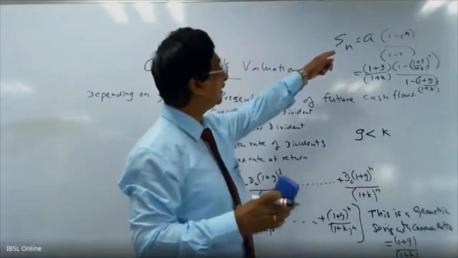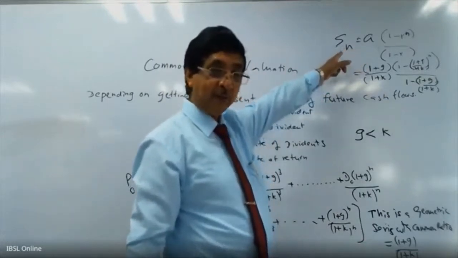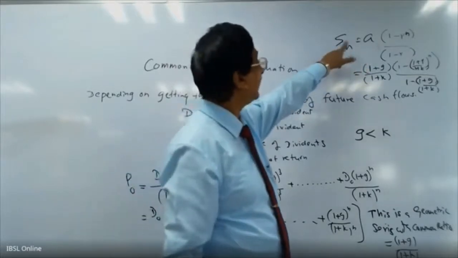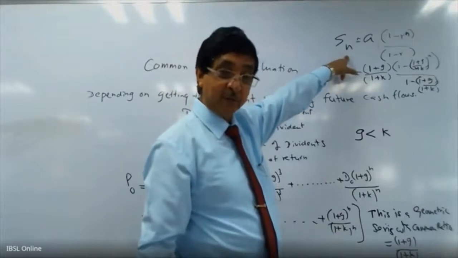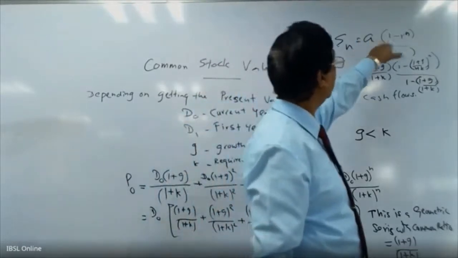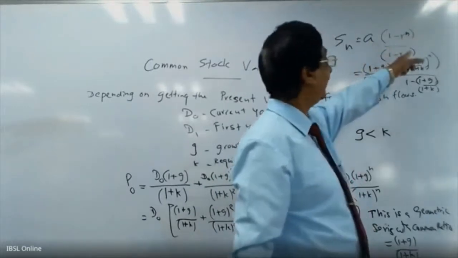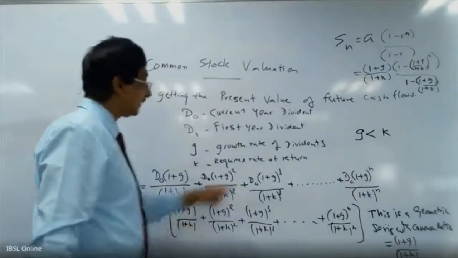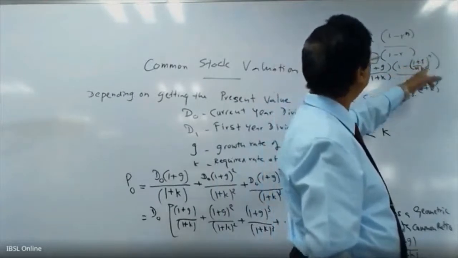What I did was, I just used the summation of a geometric series formula. Sn is the summation of n terms of a geometric series, which is equal to A, the first term, into 1 minus R to the power n, where R is the common ratio, divided by 1 minus R. So A is equal to 1 plus G divided by 1 plus K into 1 minus 1 plus G over 1 plus K to the power N.